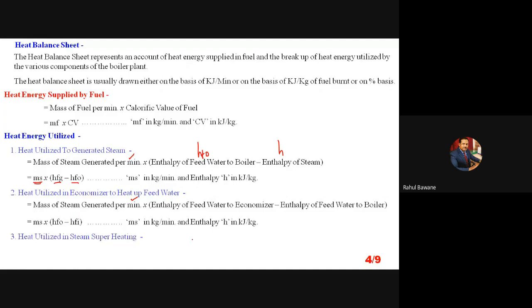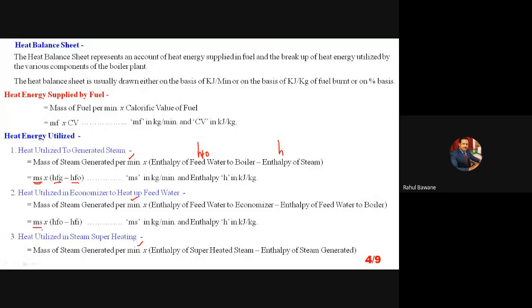The third head is heat utilized in steam superheating. For that, mass of steam generated. Why again? Whatever steam is generated, that much amount per minute we are supplying to the superheater. Suppose ms amount of steam is generated; this ms is supplied directly to the superheater where it gets superheated.